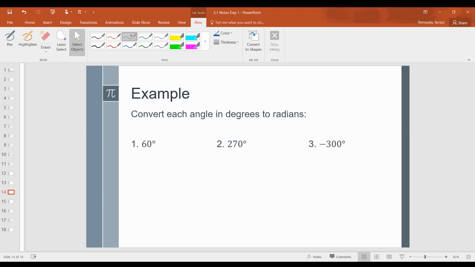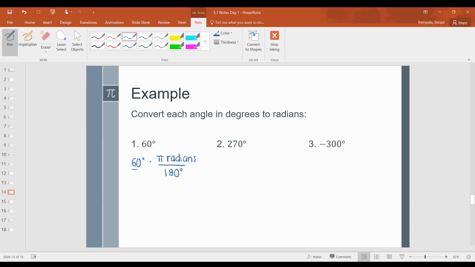So let's use that information and do some converting. Let's start with these 3 examples. I'm giving you all degrees, and we're going to turn them into radians. If I have 60 degrees, once again, I'm going to multiply that by a fraction. It's 180 degrees equals pi radians. Because I want to solve for radians, I want the radians on the top, so I want the pi radians on the top, which means I want the 180 degrees on the bottom.